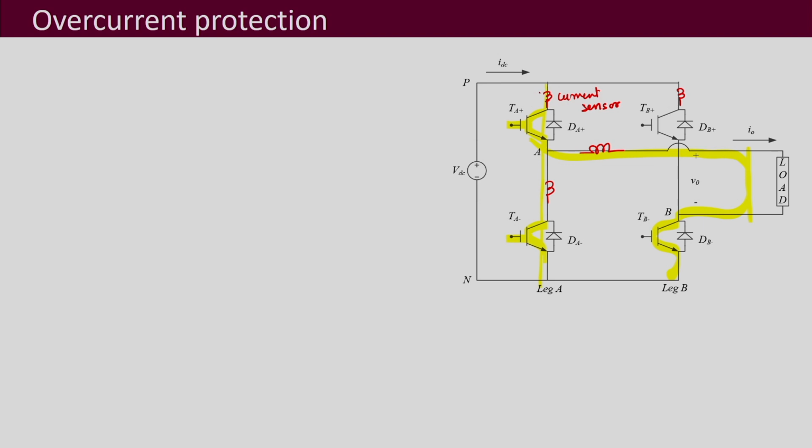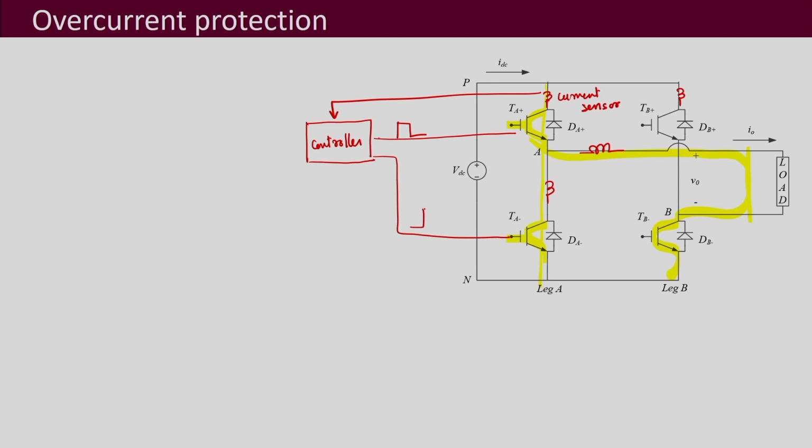This current sensor is going to give information to the controller, and this controller then accordingly may stop giving the gate pulses to these different IGBTs.